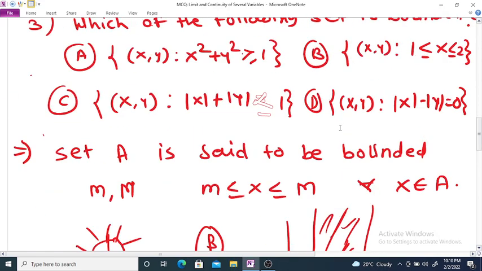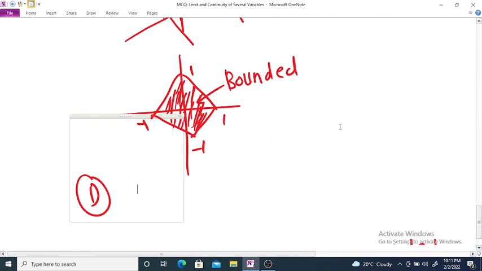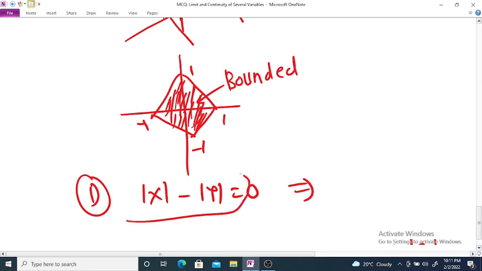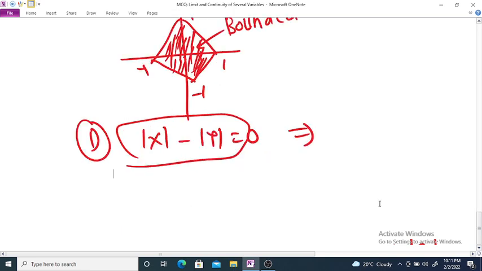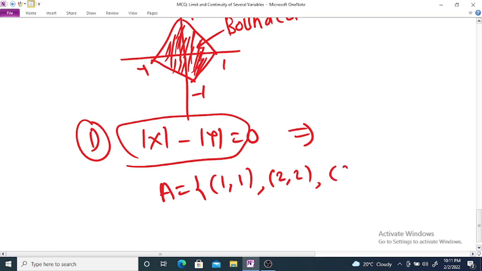And if we consider the last option, D, what is D? Here D is mod of x minus mod of y equal to 0. There are infinitely many solutions for this equation. The set A is (1, 1), then (2, 2), (3, 3), (2.1, 2.1).